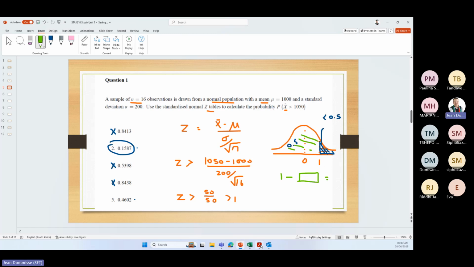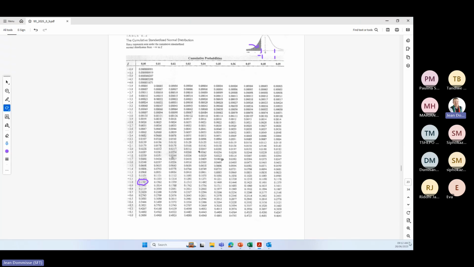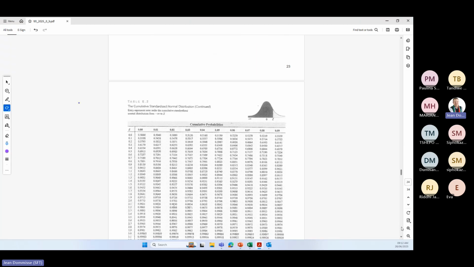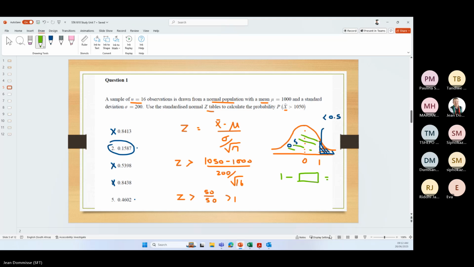So let's see on the positive table, what is Z1? There's Z1, 0.8413, which you see was one of our answers.